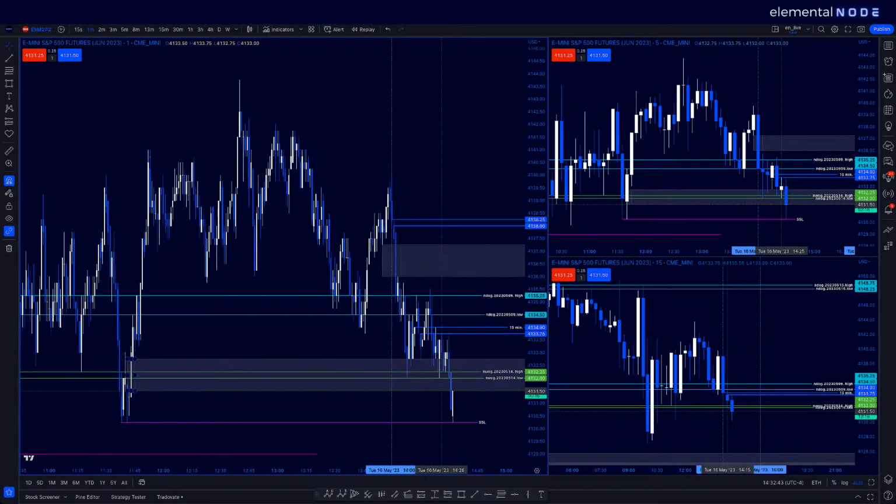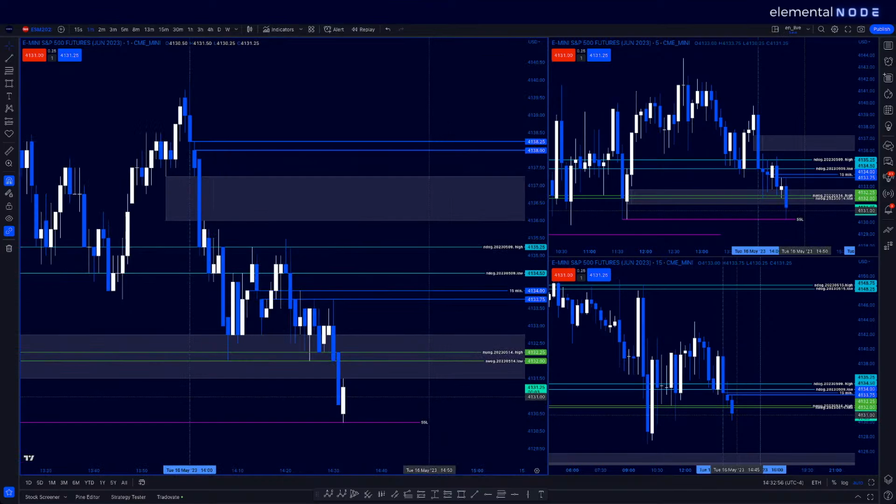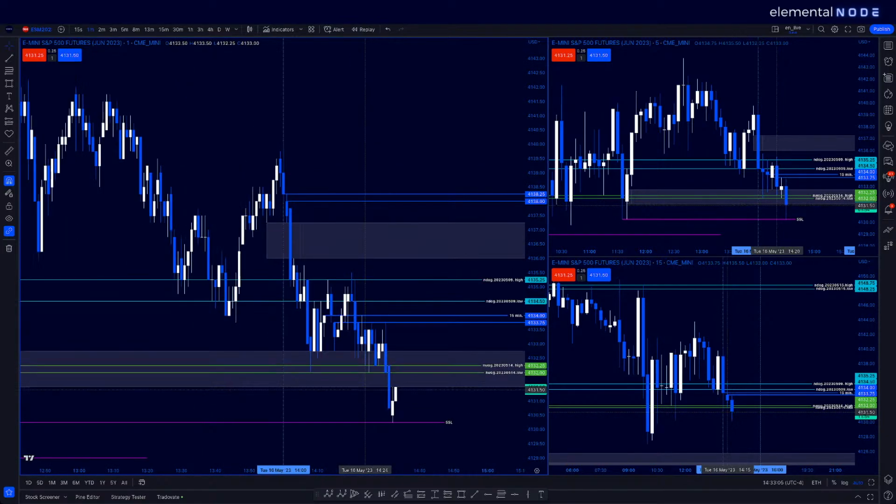I don't know if it's gonna want to reprice to get internal liquidity before seeking out that sell side liquidity. Or I want to see this gap act as resistance.